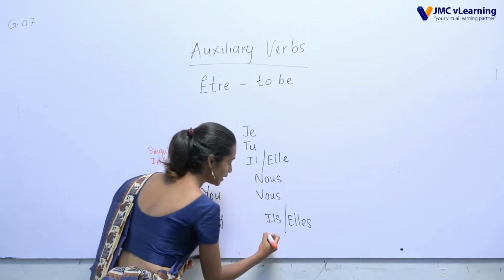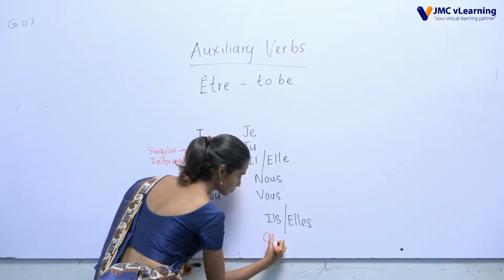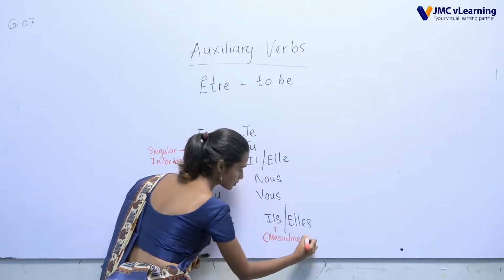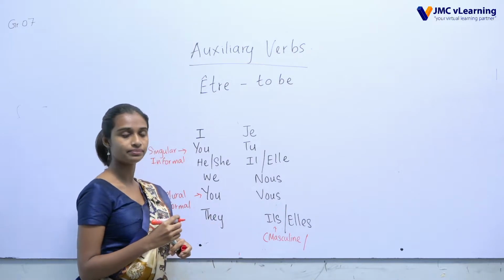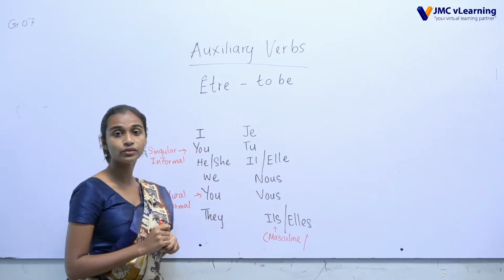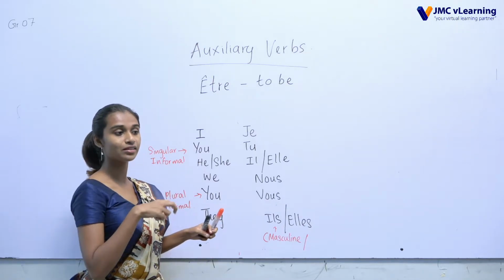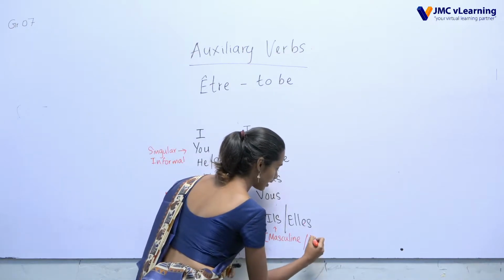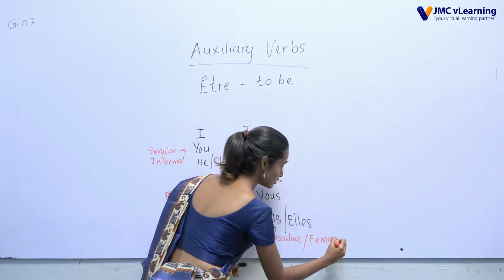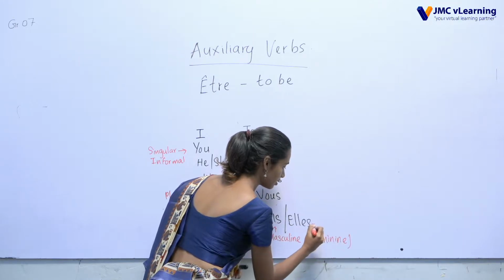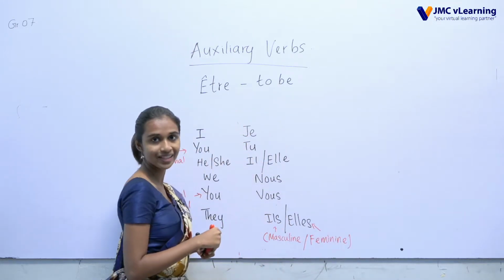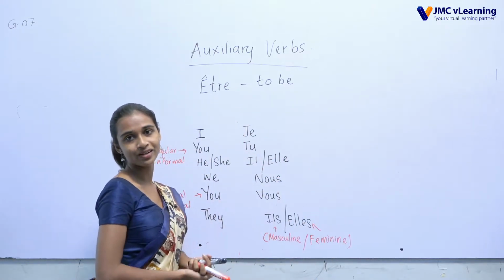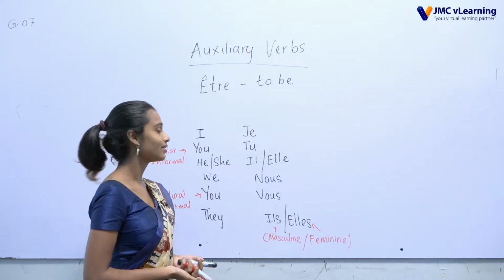Then elles, when do you use elles? When it comes to a group of females, a group of girls, then you use elles. So that is the feminine form, right? Okay, so now you know the subject pronouns in the French language, right?